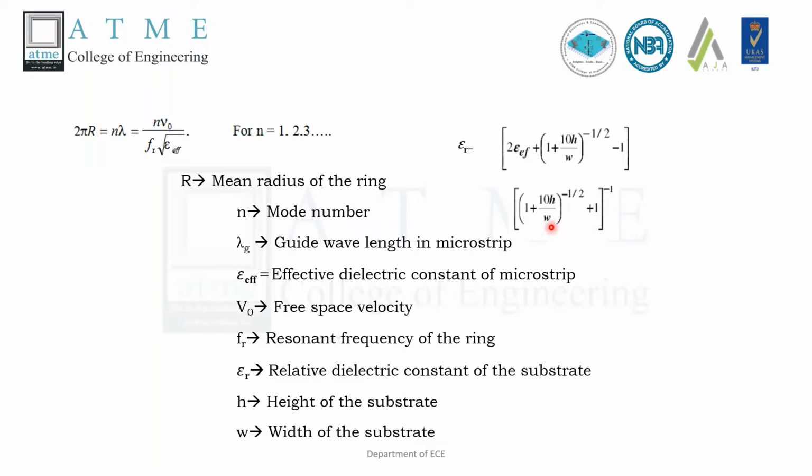Here v naught is the free space velocity, f r is the resonant frequency of the ring, h is the height of the substrate, w is the width of the substrate, and epsilon r is the relative dielectric constant of the substrate.